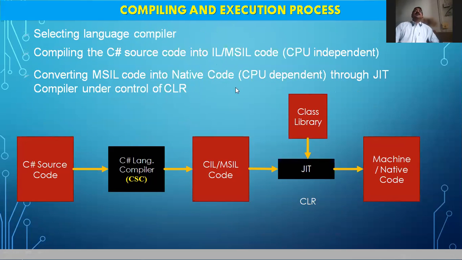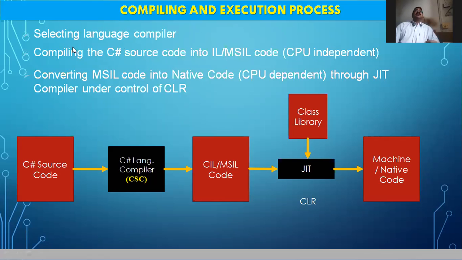So what is this particularly? We can see here the compiling and execution process, how it is done in the .NET Framework. We have to select the language compiler, particularly C#.